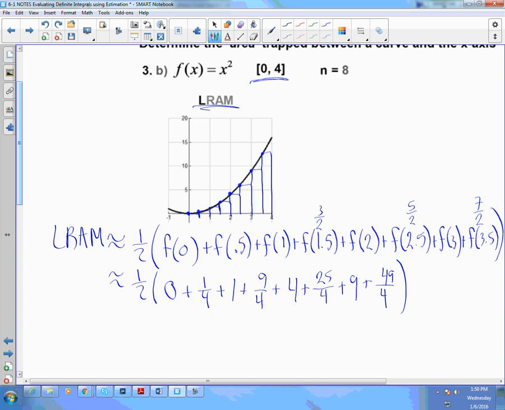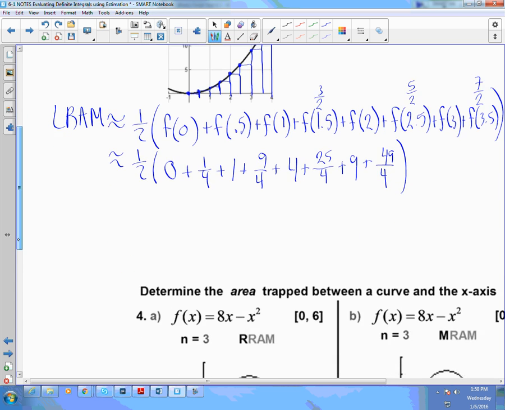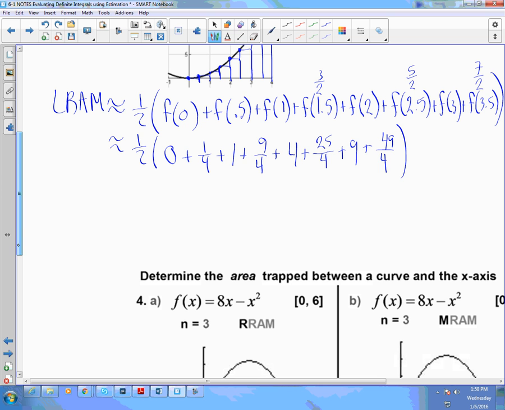So we can add in any order we want, right? Which ones do we want to add together first? 1 and the 9, 4. Whole numbers. So how much is that? 14. That's a fraction: 1/4 plus 9/4. 1 plus 9 is 10.